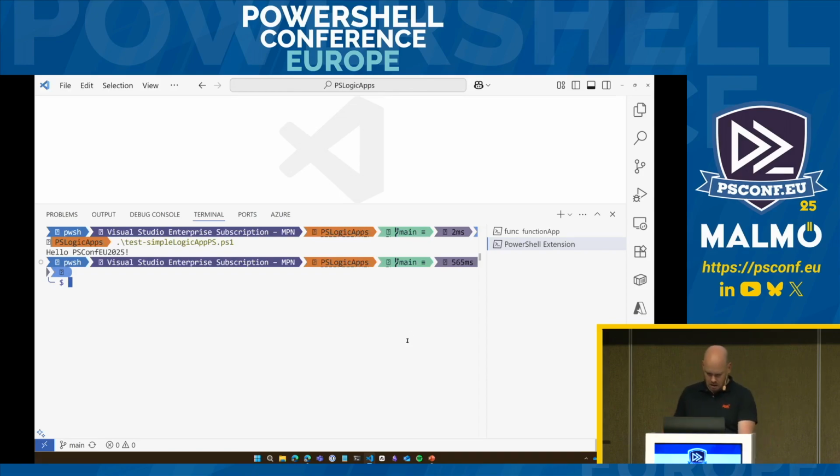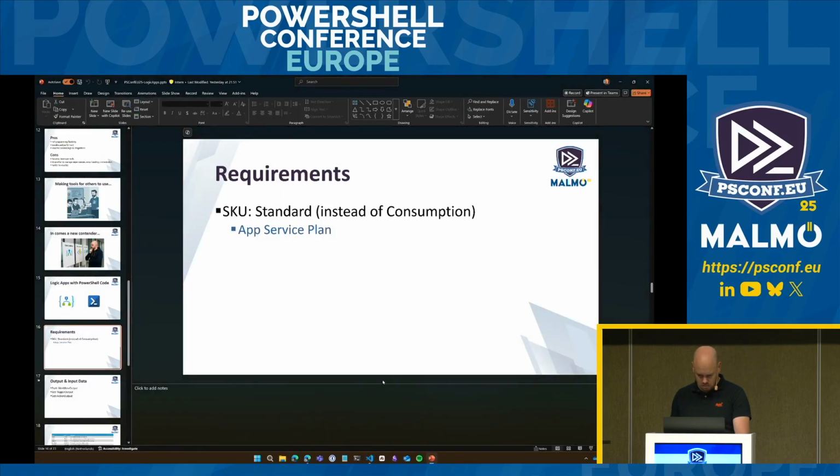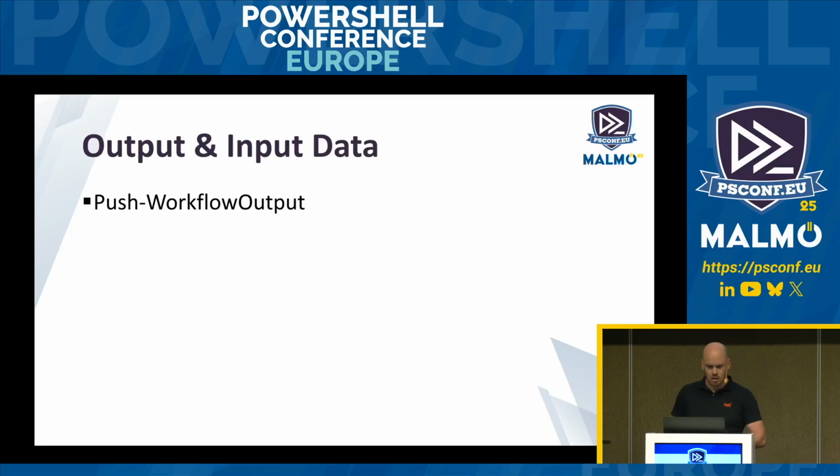If you look back at the slide deck, and I'll go through the options just now, you have default output and input data if you start using PowerShell scripts. And I'm focusing primarily on output data because, as you just saw, I don't need to get anything to use PowerShell scripts.